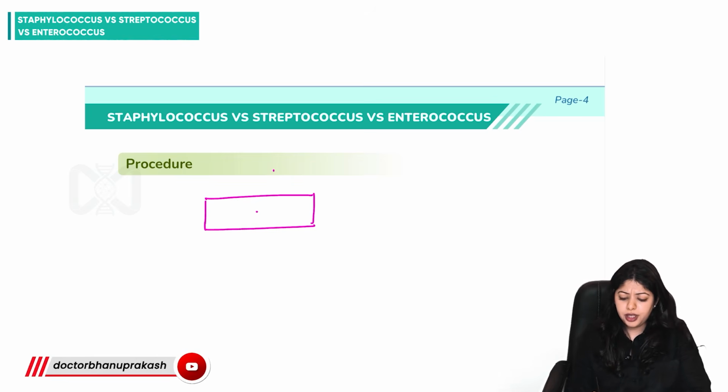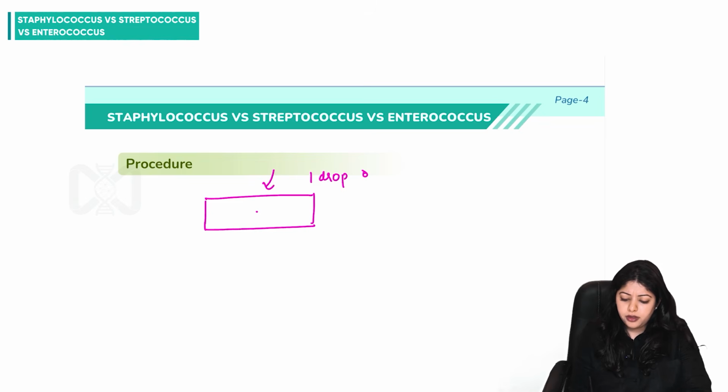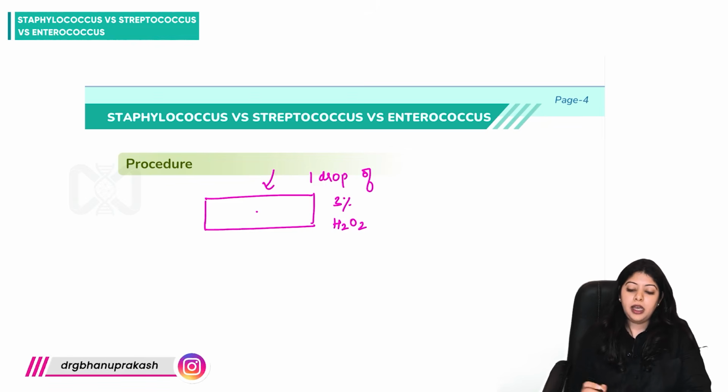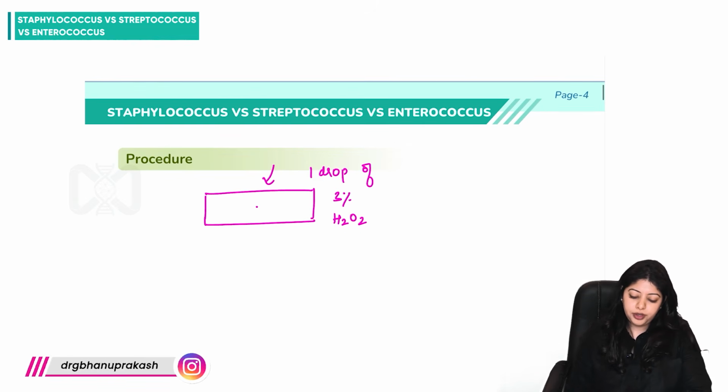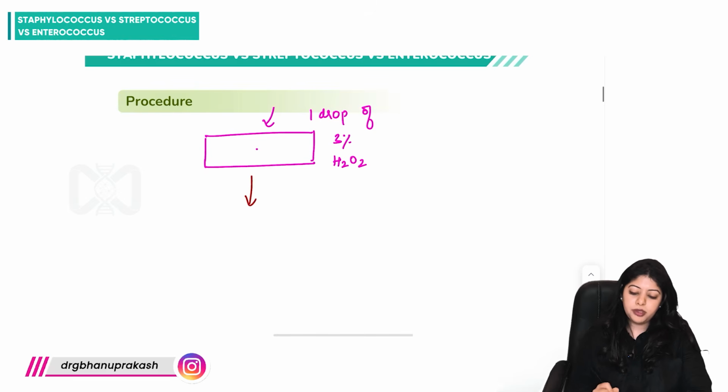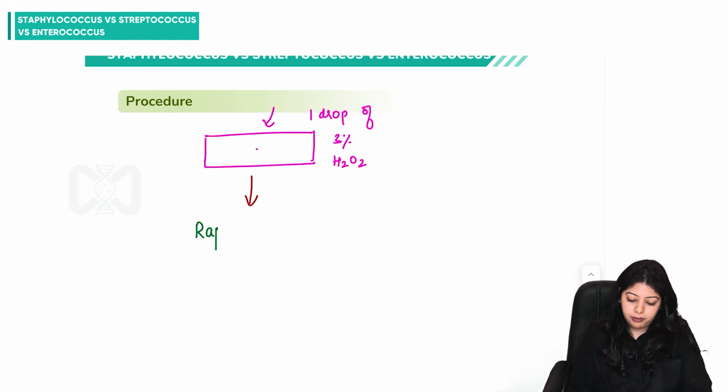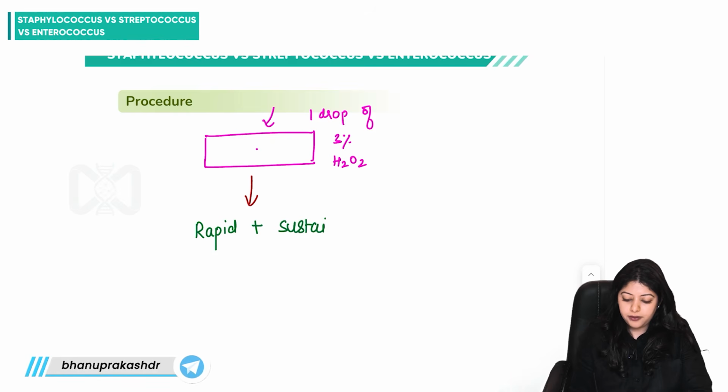After this, we are going to add 1 drop of 3% hydrogen peroxide. And what are we going to look for after adding 3% hydrogen peroxide? We will look for rapid and sustained effervescence.